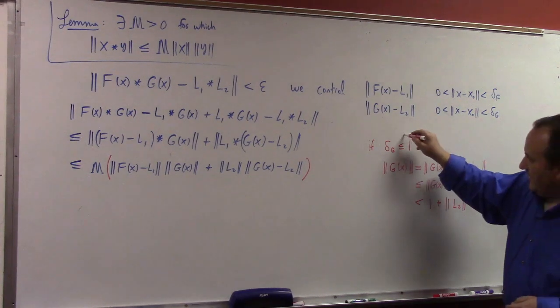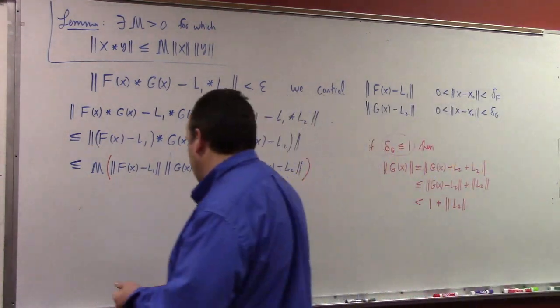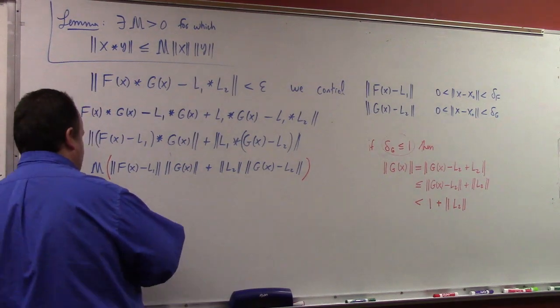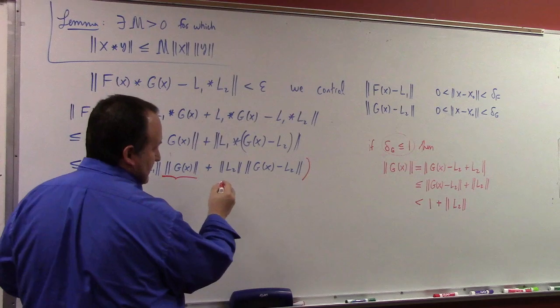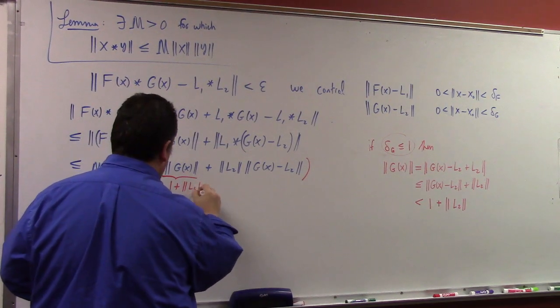So if we bake this into the cake, so to speak, then we can make this guy less than 1 plus the norm of L2.